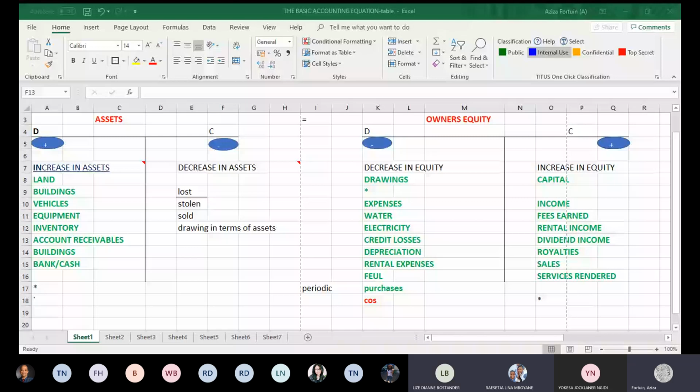Okay, so there's another example that I want us to look at. Let's look at page 66. There's quite a nice example.